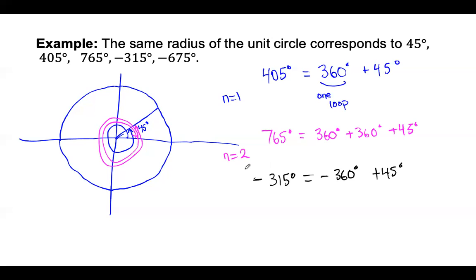And we get negative 315 degrees. So it's sort of like going this direction and then going up again. So again, it's the same value. So this is, let me write a little note, a loop in the negative direction.